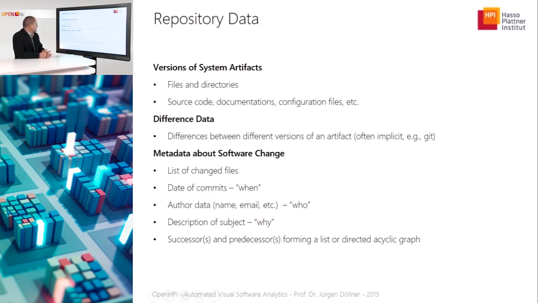The author data, name, email, who made the change, and the description of the subject. Why was this commit necessary? Why did it happen? The three main questions, when, who, and why, represent the basic metadata that is managed by a version control system, possibly over the whole lifetime of a system.